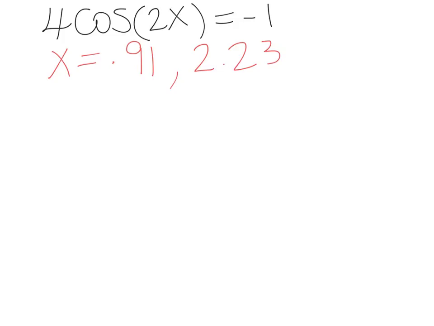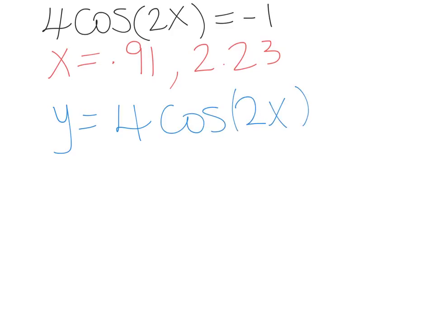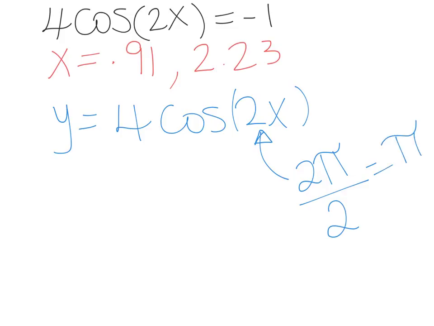Normally the period for cosine is 2 pi, but if I rewrite the function as y equals 4 cosine of 2x, where y is -1, I'll find that the period for cosine is 2 pi divided by b. In this case, b is 2, so the period is pi. So now one cycle of the graph is pi. It's not 2 pi anymore.